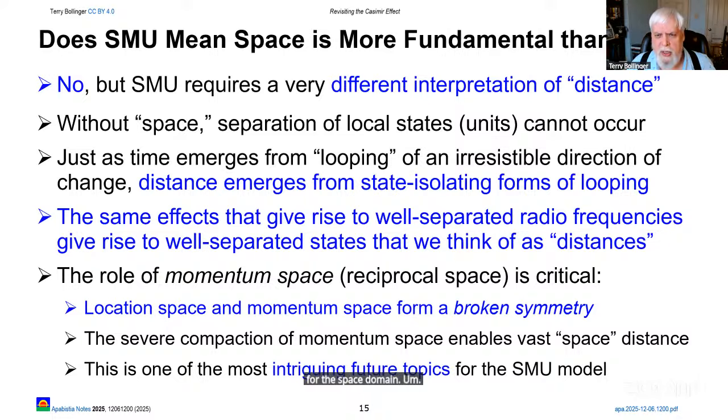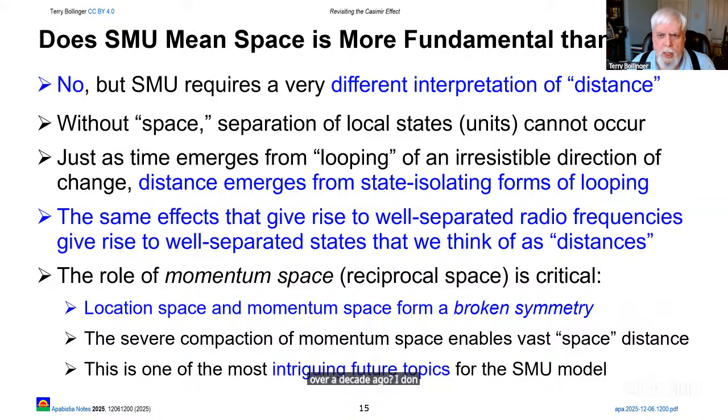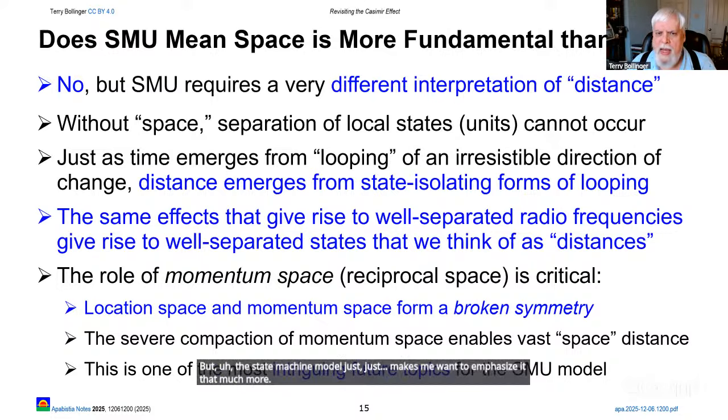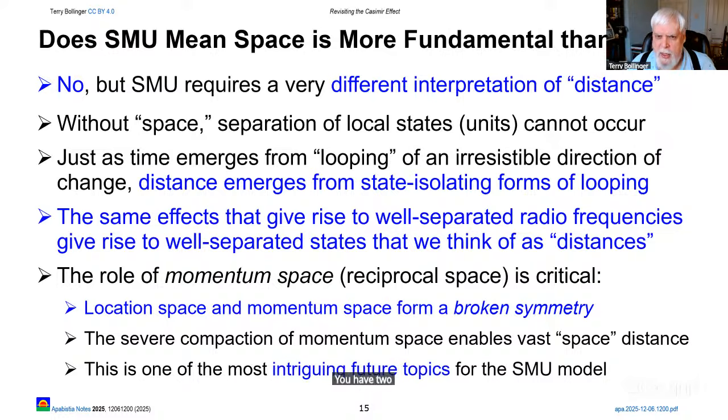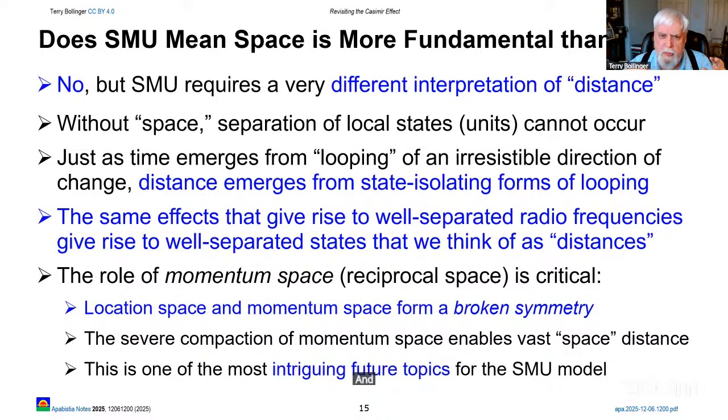Postulate, and this is actually an old postulate that I made, oh gosh, over a decade ago. I don't remember, a long time ago. But the state machine model just makes me want to emphasize it that much more. You have two spaces that are used in physics, especially in quantum physics, which are the location space with time, and then you have the reciprocal space, the momentum space, with mass and energy.